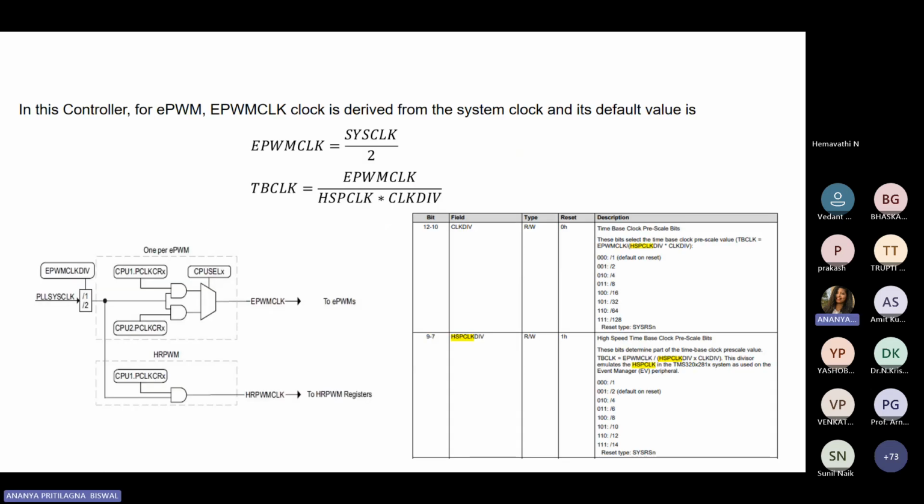So how to calculate this EPWM clock? EPWM clock is the system frequency divided by 2, and the system clock frequency is 200 megahertz. So this EPWM clock will be 100 megahertz. And TB clock is calculated by EPWM clock divided by HSPCLKDIV multiplied with clock divisions.